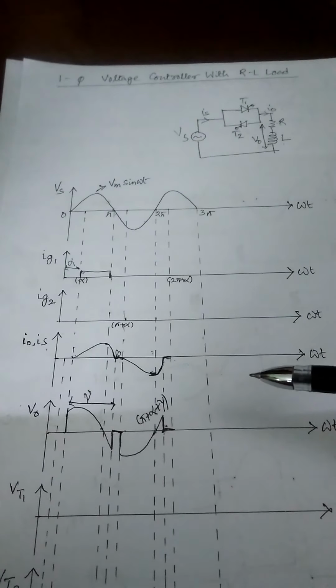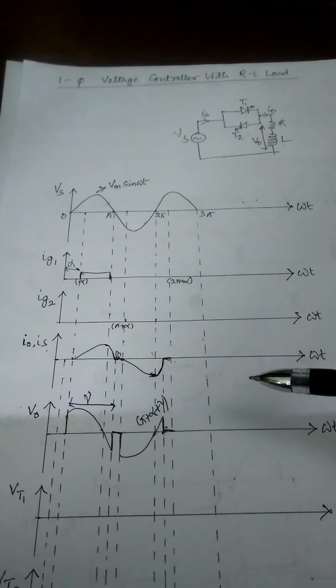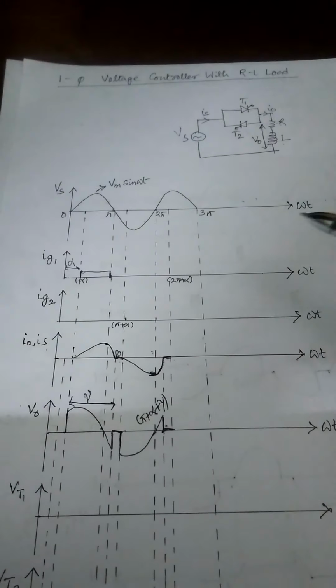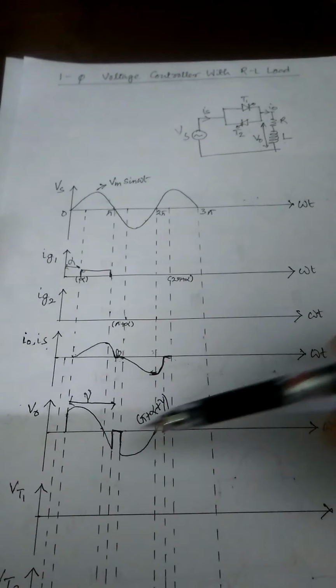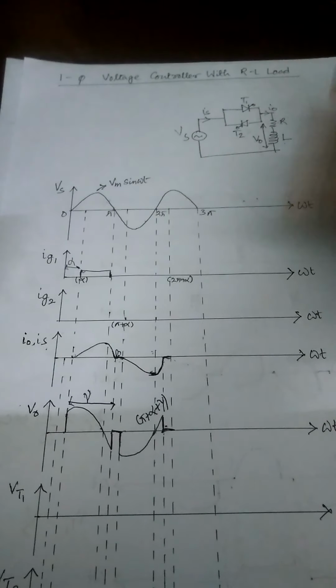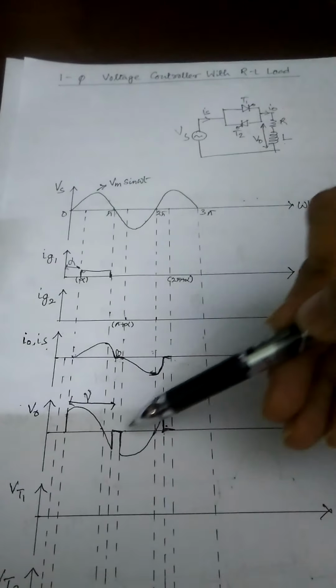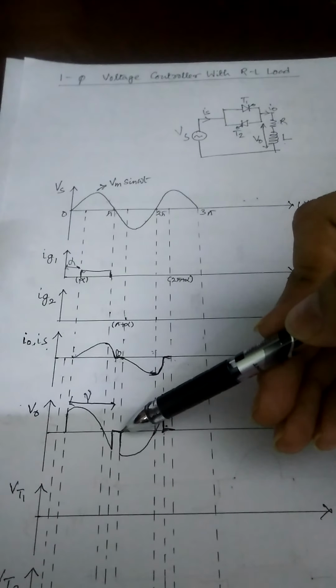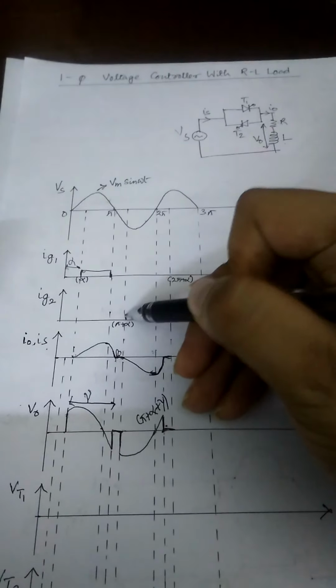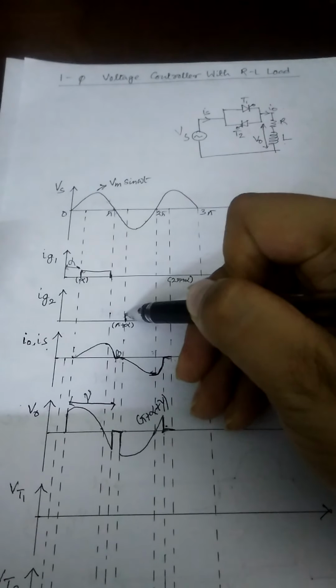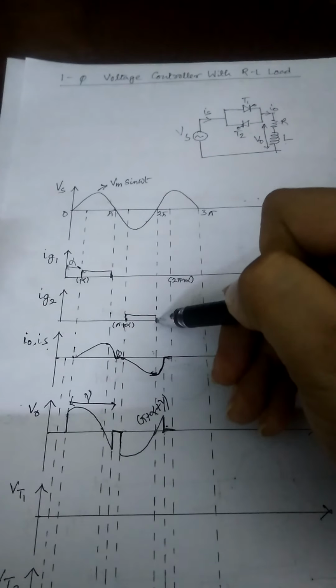The T1 thyristor will be in conducting state, so we get the waveform across the load like the previous one. And one more thing: after the pi plus alpha point, when the T2 thyristor is in conducting state, we get the gate current Ig2 like this.